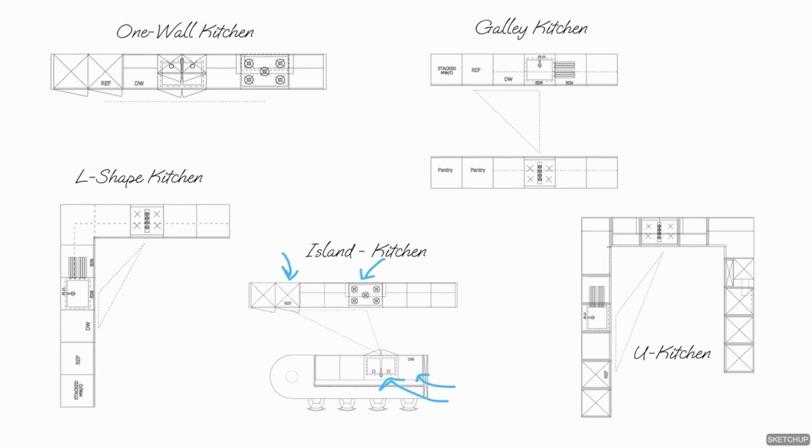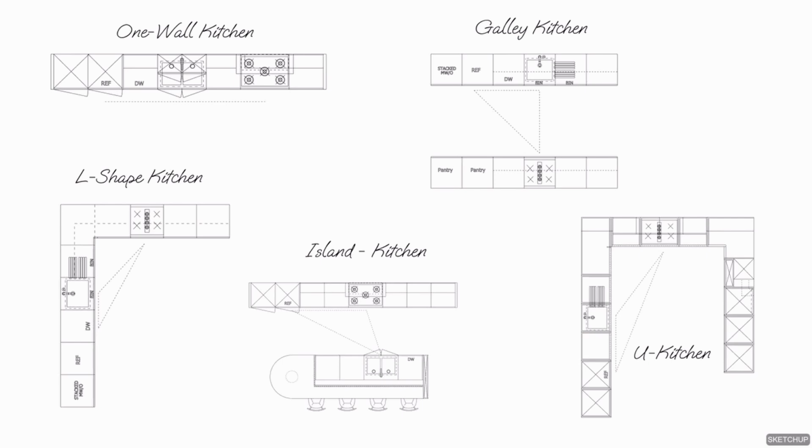There are some standard kitchen layouts you can get familiar with if you are just starting out in designing kitchens. Firstly, we have the one-wall kitchen design, ideal for small spaces. To provide enough benchtop space, I recommend to have a minimum length of 3000 millimeters or 118 inches.